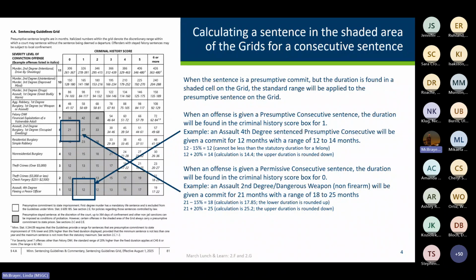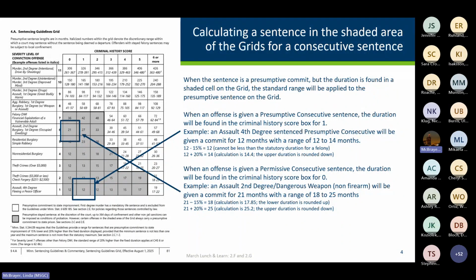So when we're finding those sentences for presumptive consecutive, we're always going to use the duration found at a criminal history score of 1. And when we go back to that duration, we see that a lot of those boxes are shaded, but because it's a prison sentence, the range is available for sentencing. So for example, an assault 4th degree would be sentenced to 12 months, commit, with a range of 12 to 14 months.